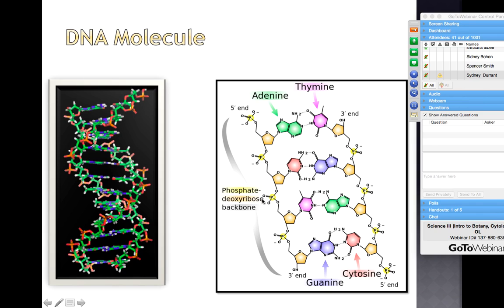Where is the backbone in this? What color would the backbone be in this graph? What is the backbone part?